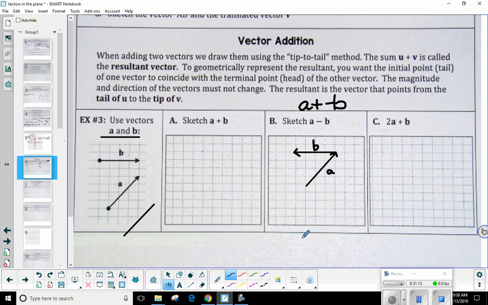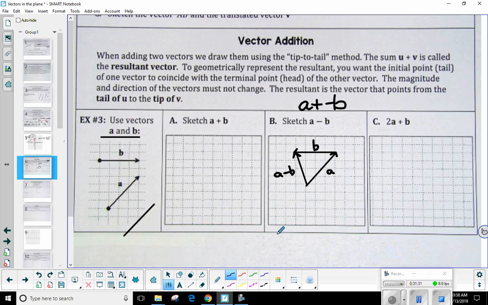Just connect them. You finish the triangle. That's exactly right. So I would go from here to here. So this would represent A minus B.